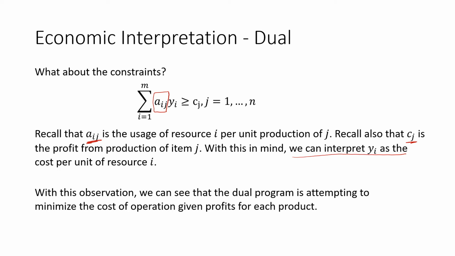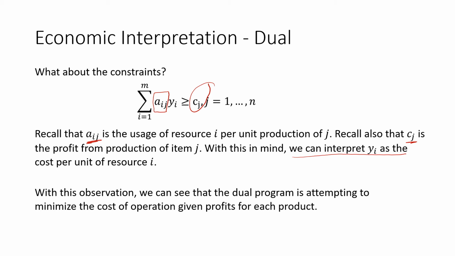So with this, if you think about this observation, you can see that what the dual program is trying to get at is minimizing the cost of operation where you have a given profit for each product. Because remember that c_j, from the primal, is giving you the profit per item. In the dual, that's your lower bound.